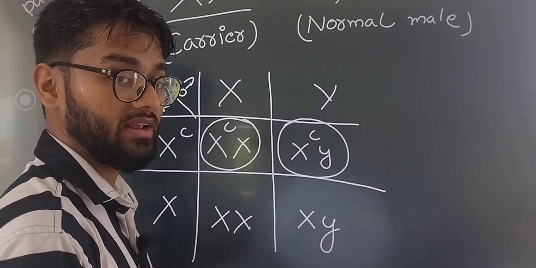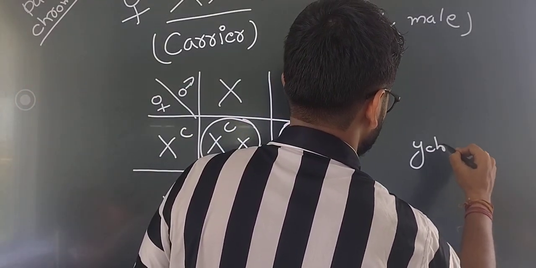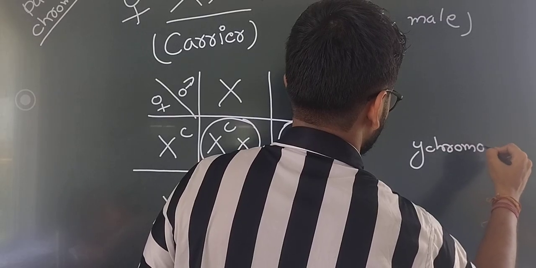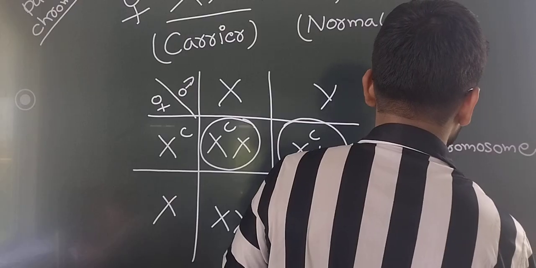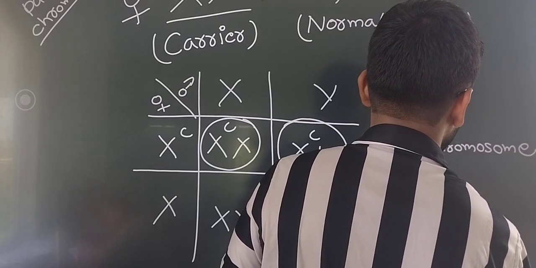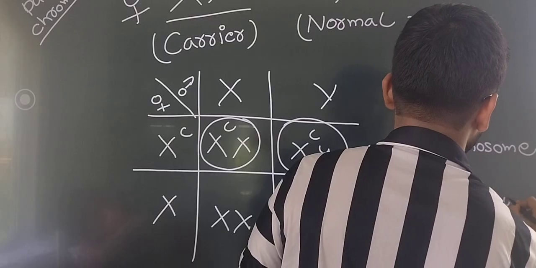This is the hemophiliac male. Why? Because the Y chromosome is so small that it forms a condition called hemizygous condition.